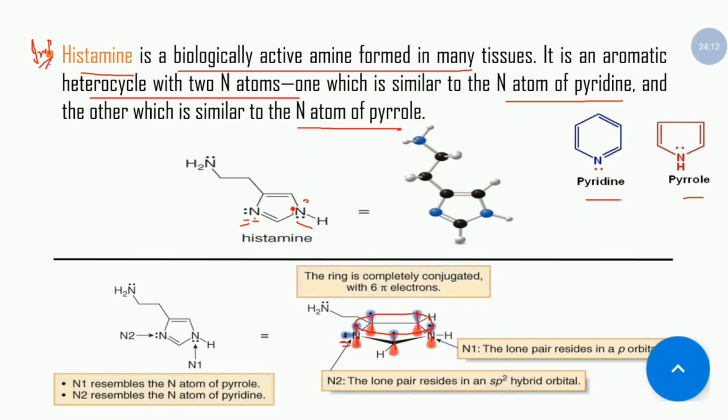Also, the total number of pi electrons: here is one pi bond, here is one pi bond, so a total of 4 pi electrons, plus one lone pair in conjugation, from which you get 2 pi electrons. So in total you have 6 pi electrons.